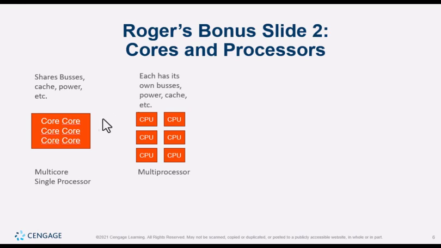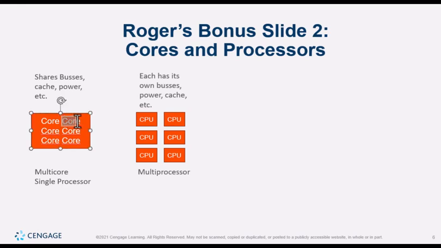When we're talking about a multi-core processor, here's a single processor or a single die, and it has multiple cores on it, but you notice it's sharing the buses. All the bus lines are being shared here. It's sharing the power, and in fact, it's sharing cache. It's sharing all of the stuff except for these individual processors themselves.